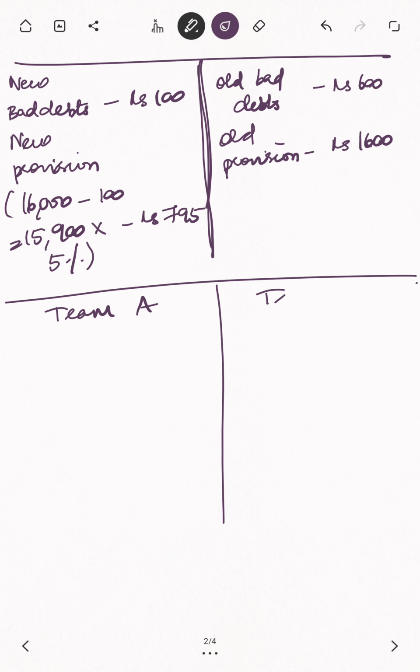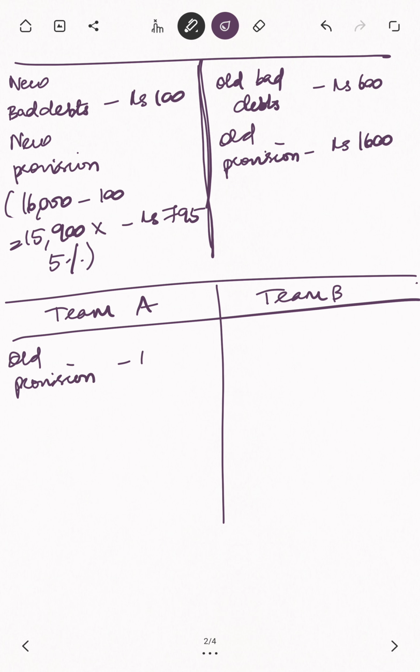Team A and Team B. Team A is a very lonely team. You have only one team member, which is old provision. And team B is a group of people. So all the other items except the old provision will come under team B.